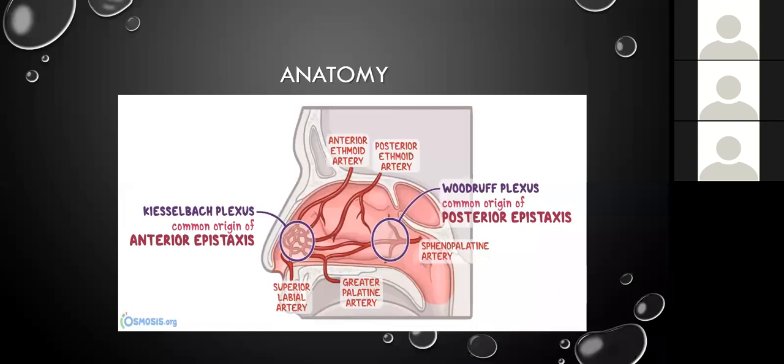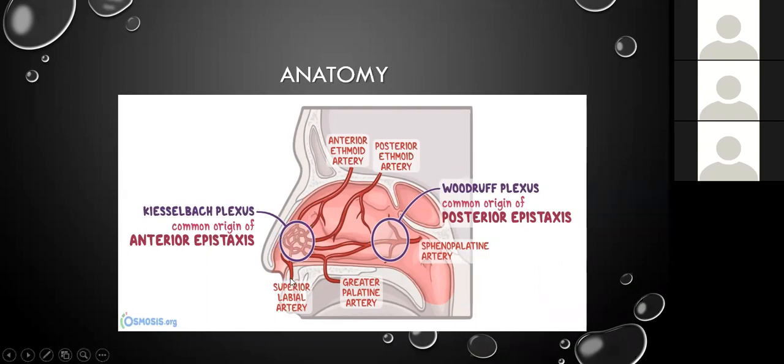that epistaxis itself can be divided into two. We have what we call anterior epistaxis and posterior epistaxis. The anterior epistaxis is more than 70% of the cases, at what we call Little's area on the anterior septum.